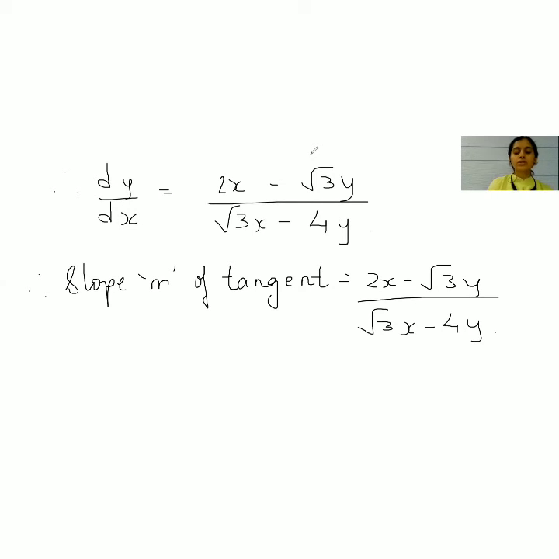Now this is the slope of the tangent, right? So we can say that the point root 3 comma 2 satisfies this slope equation. So how will we find the slope m? By substituting the values of x and y.